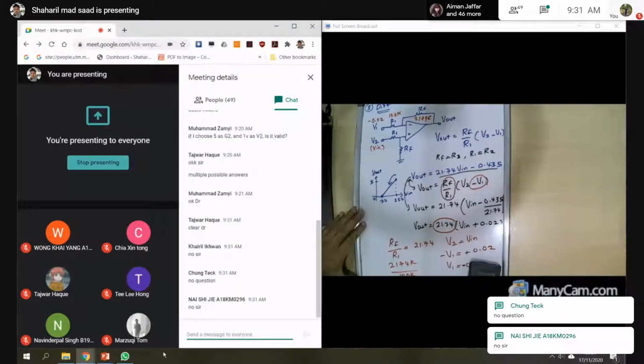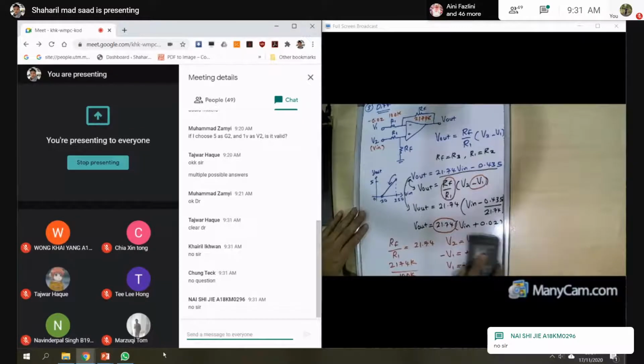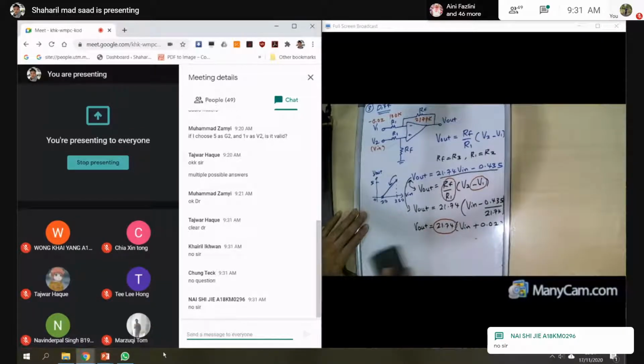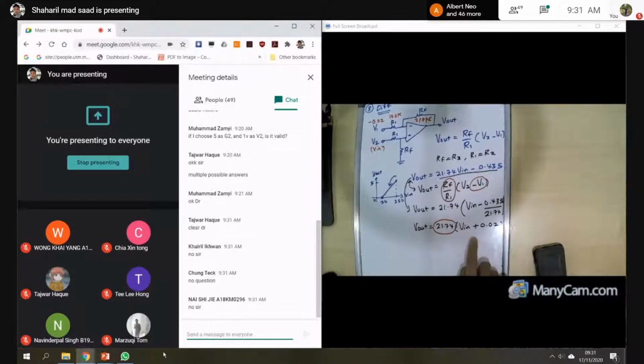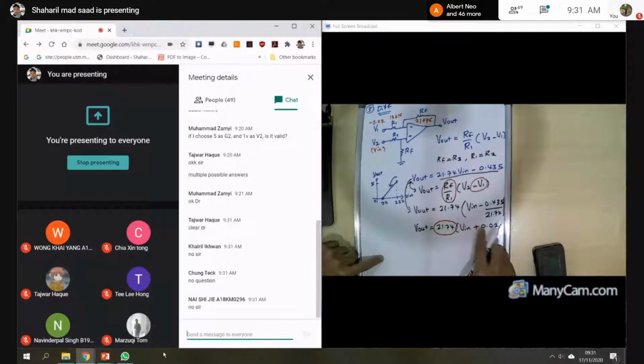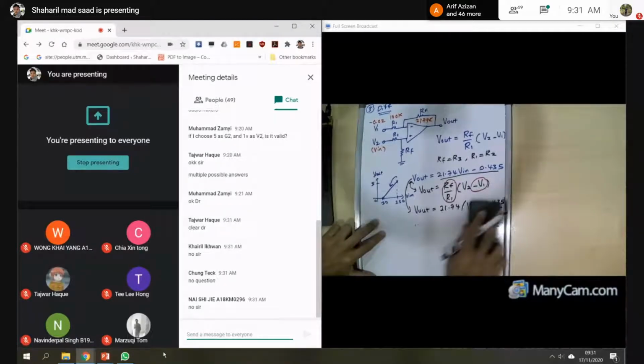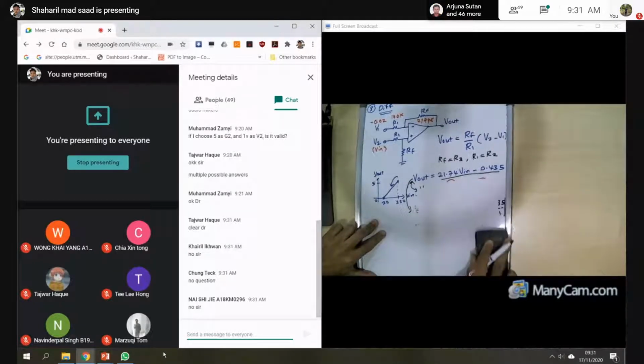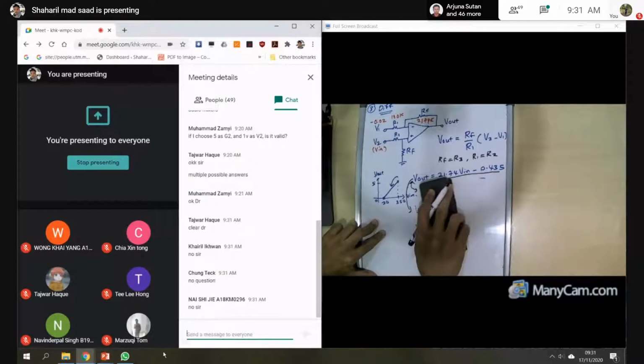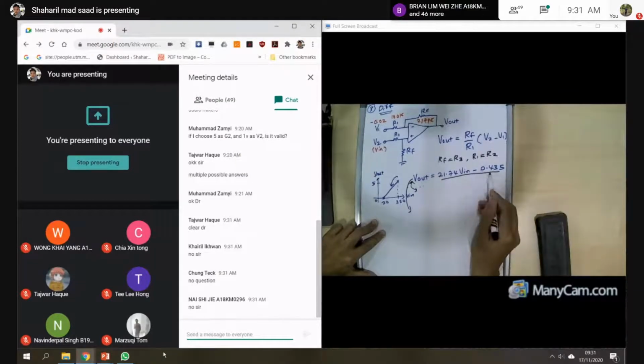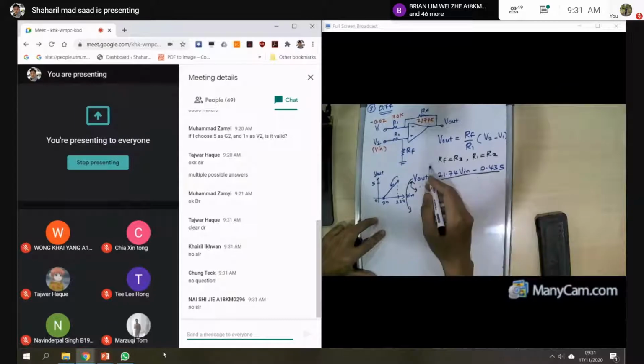So for this one also, the last one before this is minus, right? Let's say we got the equation from the graph here. We also can use the summing circuit.